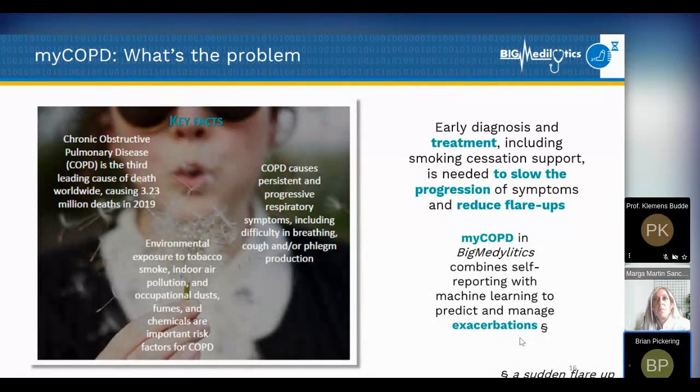We know that things like pollution, we know that things like tobacco smoking are significant risk factors. But taking all of that together, the idea in the project was to be able to track symptoms, to be able to predict an exacerbation. An exacerbation is simply a very sudden flare-up of symptoms. And so typically the COPD sufferer might go to hospital to get checked out and to be stabilized.